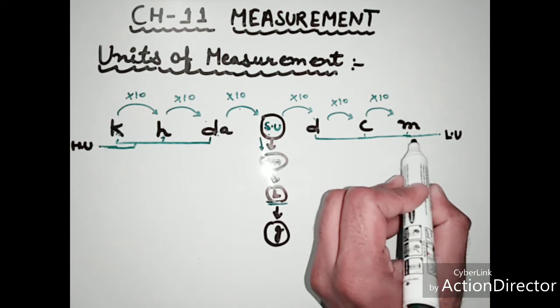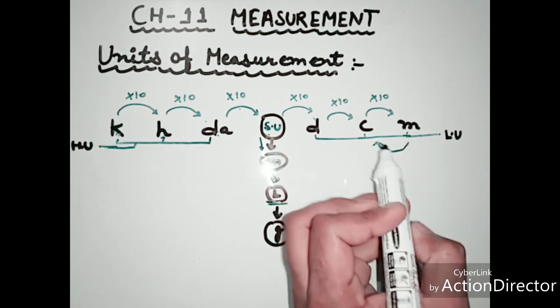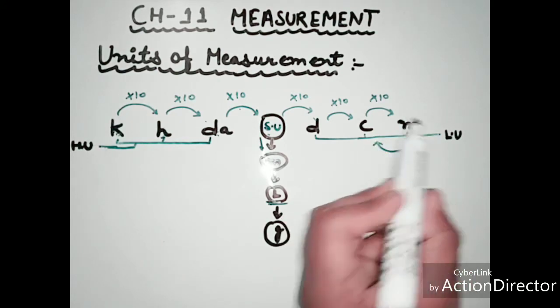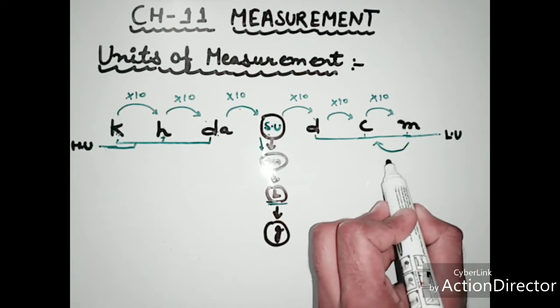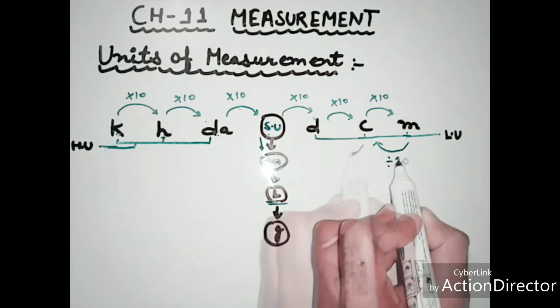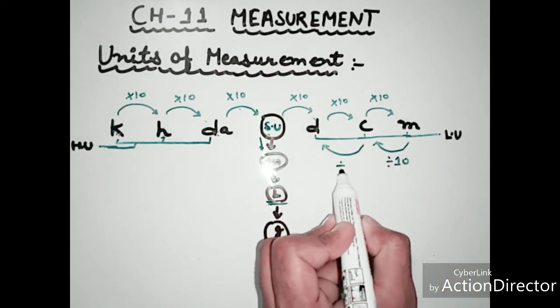If we move lower to higher, means right to left, each place divides by 10.